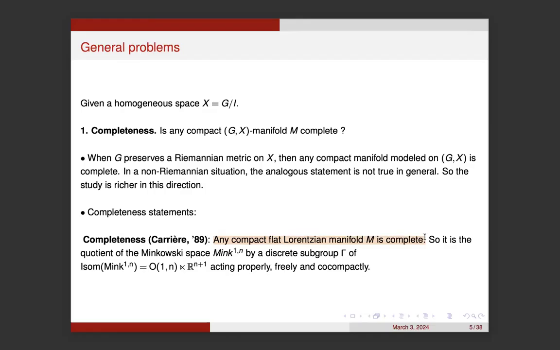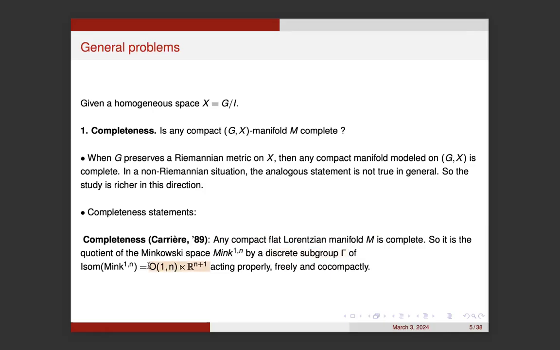As I said in the beginning, when I have this completeness condition, then any compact flat Lorentzian manifold is identified with a compact quotient of the flat Lorentzian model, and the flat Lorentzian model is the Minkowski space. So any compact flat Lorentzian manifold is identified with the quotient of Minkowski space by a discrete subgroup Gamma of the isometry group.